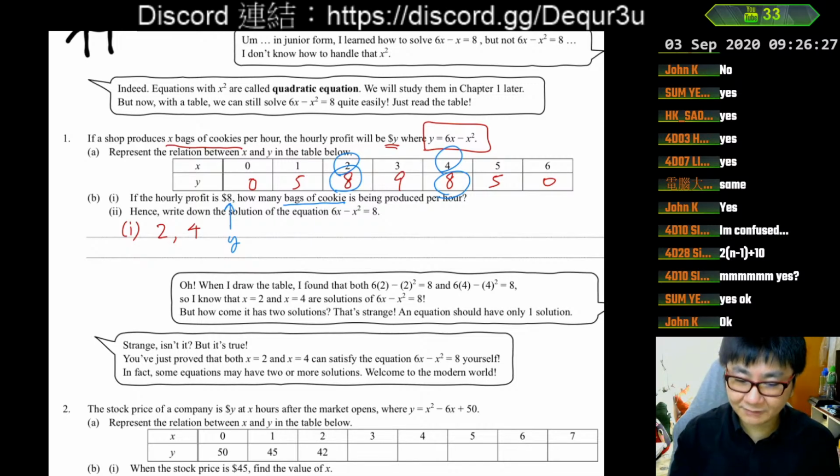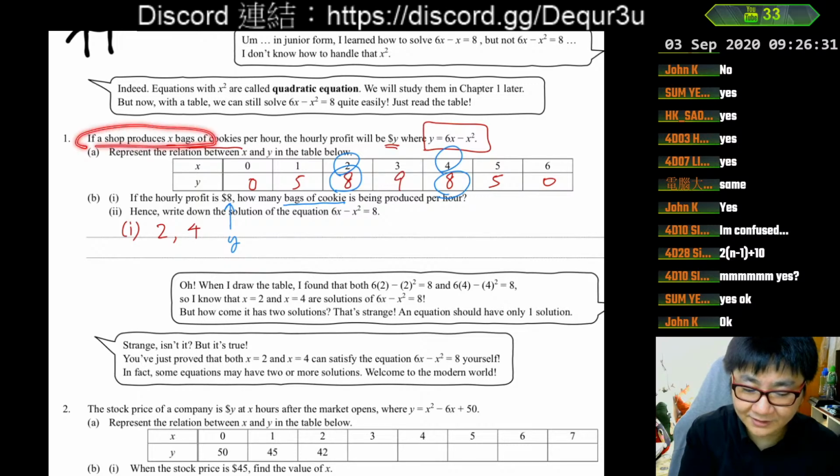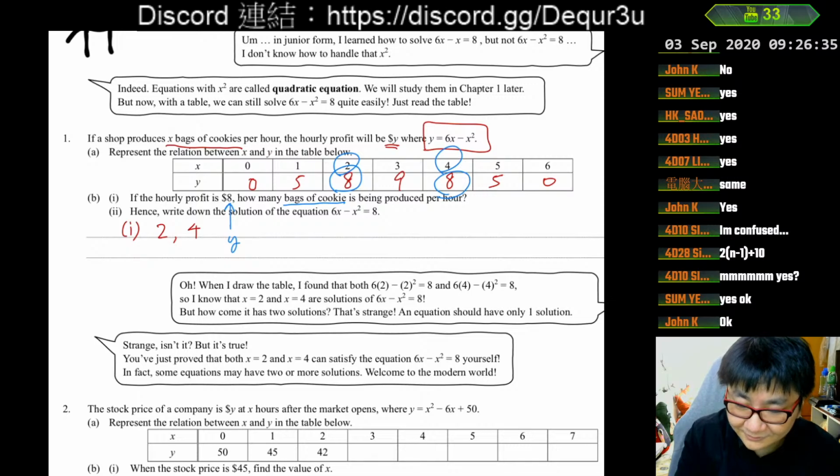When we see this question has some words, it has a situation underlying. But in fact, you can see the situation in the question, and also y equal to 8, is helping us to solve this equation. That means if we are to solve the equation 6x minus x squared equal to 8, it should have the same result as part 1.